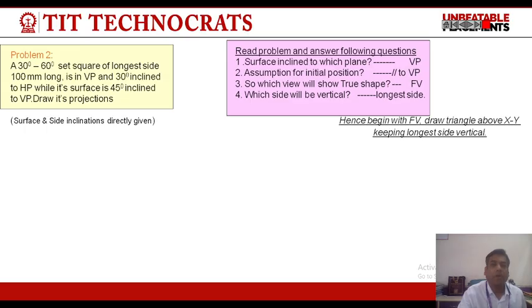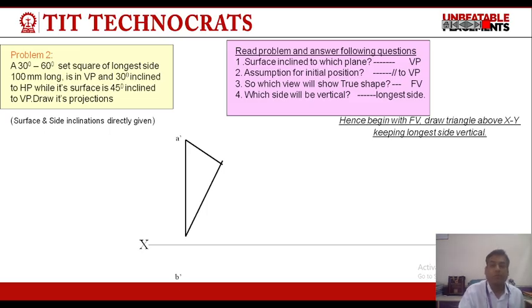So we will start this problem again by seeing that the surface of the plane is inclined to the VP. So in the initial step, we will consider the plane to be parallel to the VP. So this problem will start from the front view. As the longest side is to be kept in front view, we will keep the longest side perpendicular to XY. And by drawing lines at an angle of 30 degrees and 60 degrees, we will complete our first step, that is the front view of a set square.